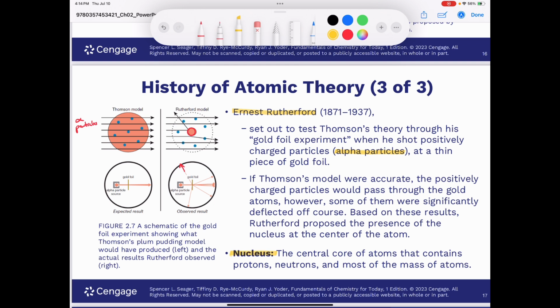He proved that the nucleus was a central core found inside an atom, and it contains protons and neutrons. In fact, most of the mass of an atom is in that positively charged nucleus, which again is found in the center of the atom. So Thomson's model out, the Rutherford model in.